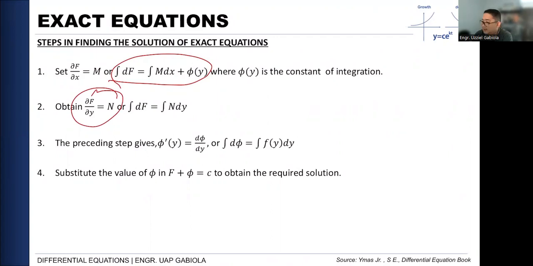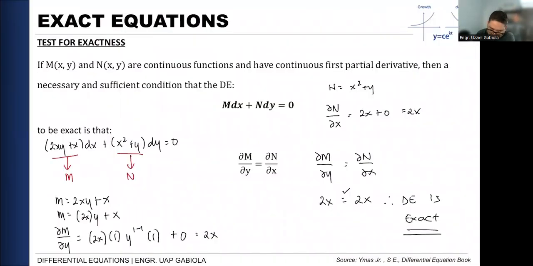Okay? So let's go back to our example. Let me copy it. So this is our example.